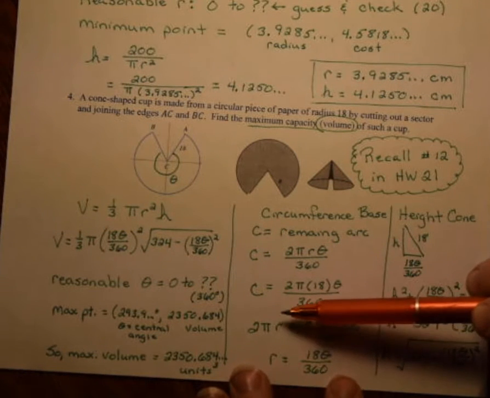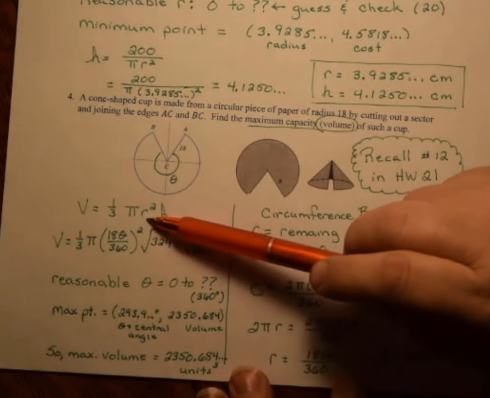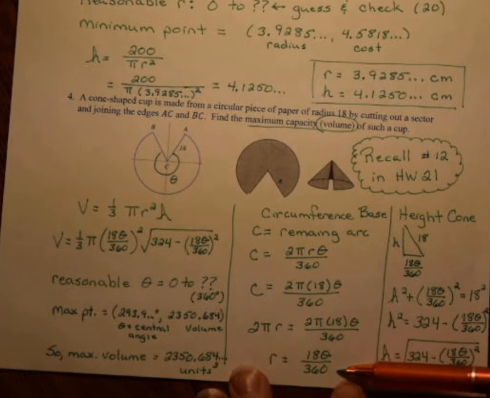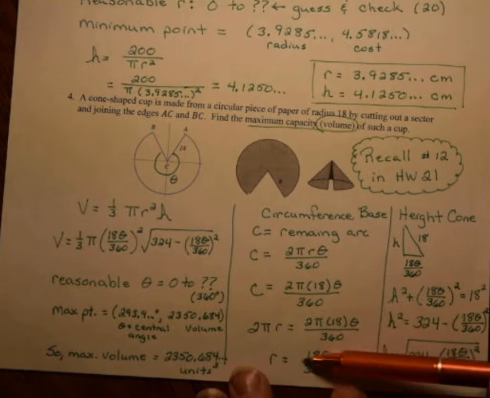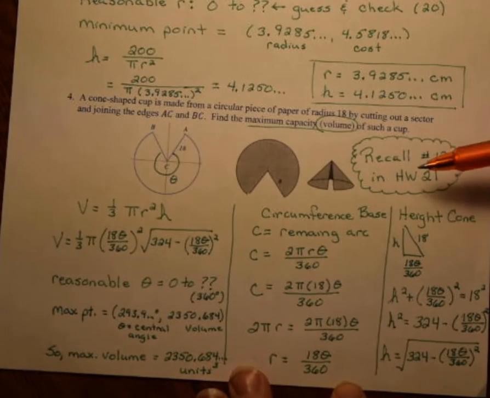And so now we know that r, when we divide by 2 pi, would be 18 theta over 360. So I plug that in for r. And then the height of the cone.